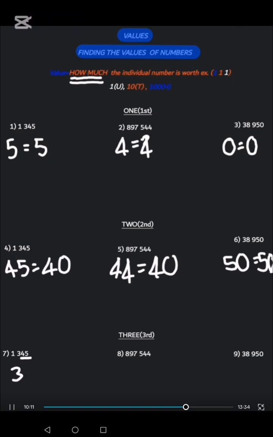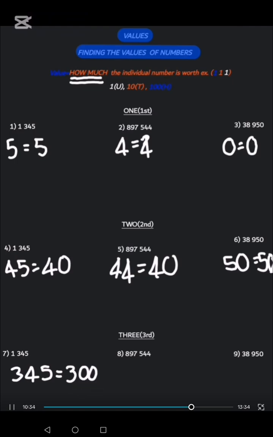Remember, we are focused on this number. That means that 345 is going to equal 300, since we are changing 2 digits into zeros.